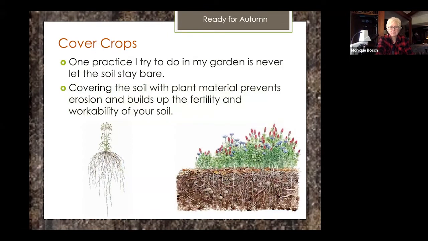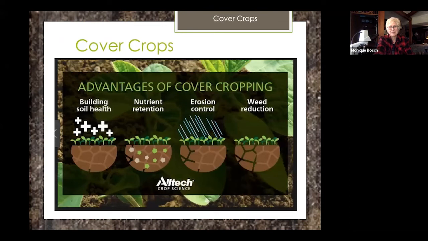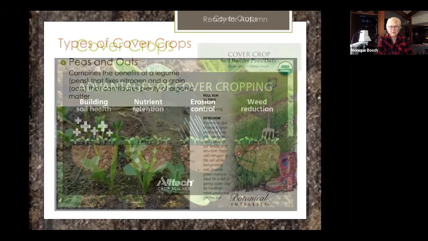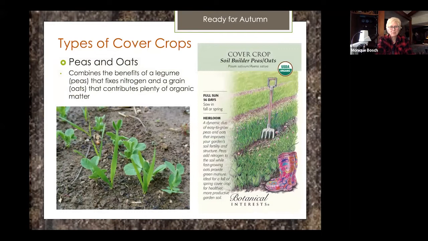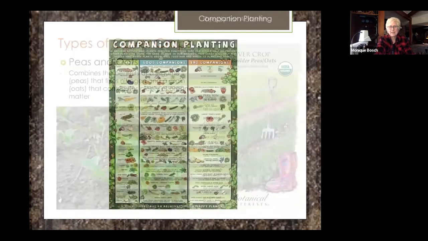Again, never let your soil stay bare, and covering with plant material is the best. The cover crops build soil health, nutrient retention, erosion control, and will stop the weeds because there's something else healthy growing there. I talked about peas and oats, and the nitrogen fixing that goes on with those.